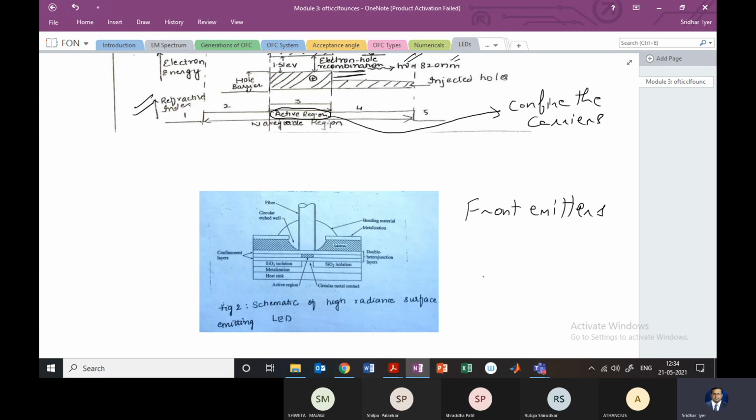In this configuration, the plane of the active layer which emits the light is perpendicular to the axis of the fiber. We are using a fiber here, and this plane from where the light is going to be emitted is perpendicular to the fiber. You can see that the fiber looks like it is inserted into this plane. That is the first important point.